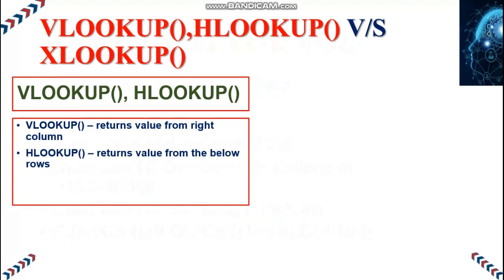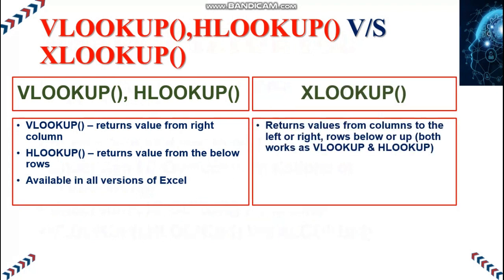HLOOKUP will return a value only from the rows below. Available in all versions of Excel. XLOOKUP returns values from the columns to the left or the right, as we saw just now with the name and the SSN number, and from below or top. Available in Office 365, 2016 and above.